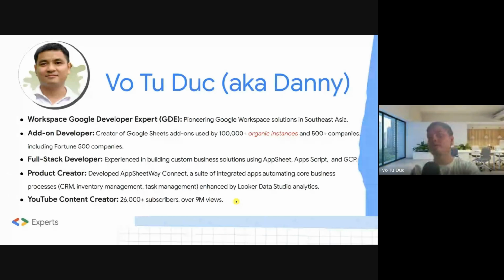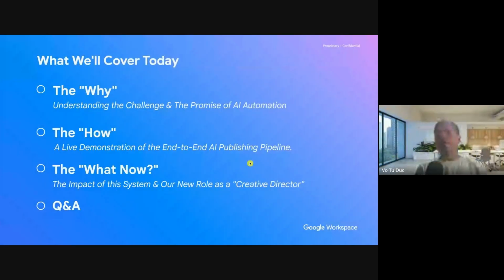Hopefully my session will be helpful to somebody as well. In our 30 minute call, we will have four topics. We walk through the why, the how, and the what.